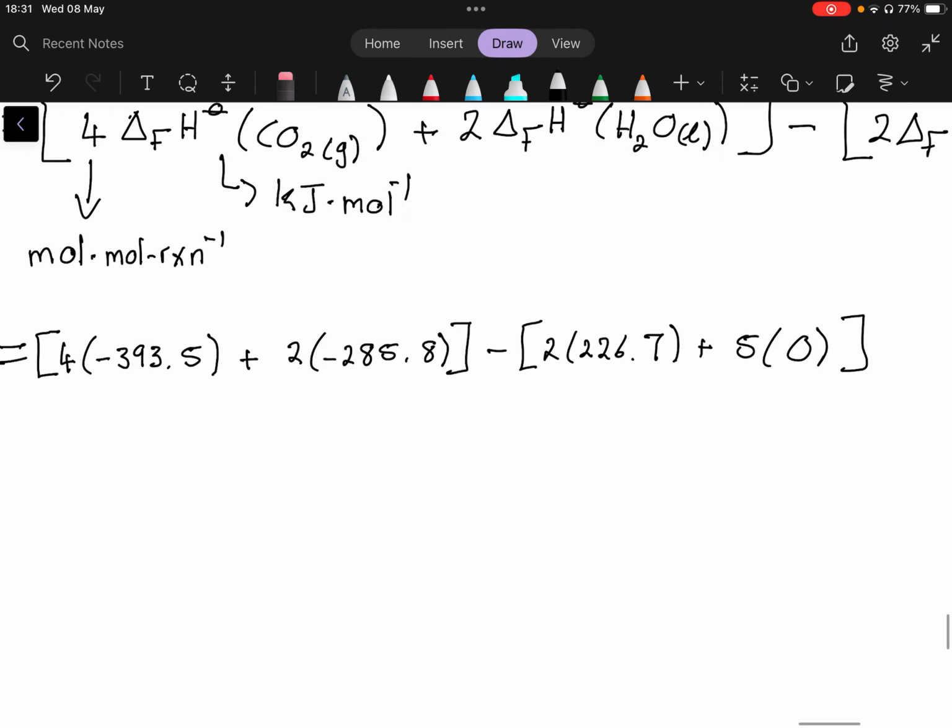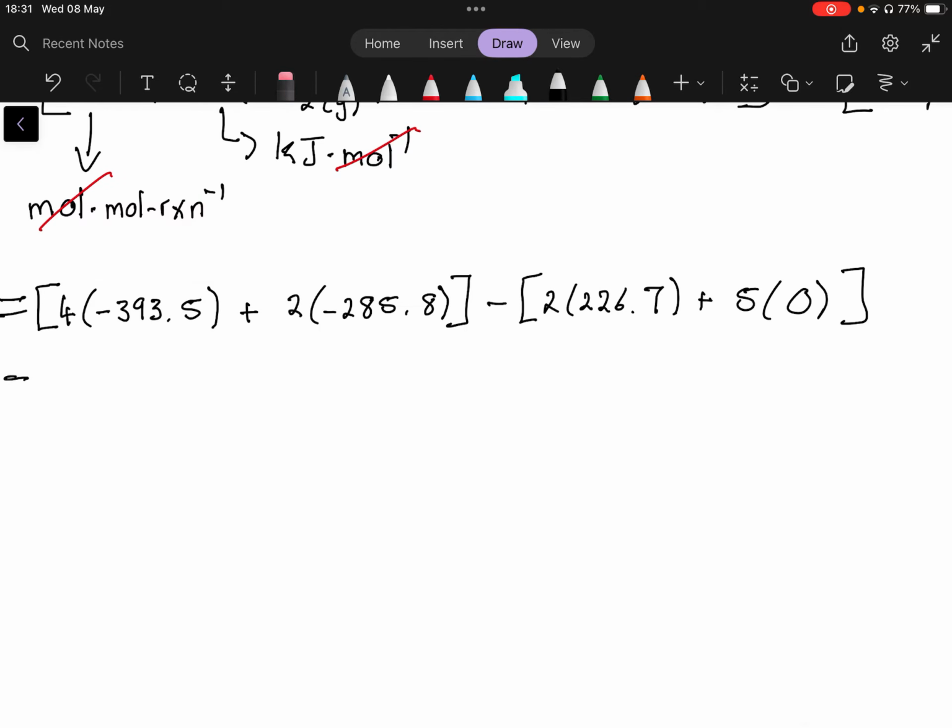For the other ones, there aren't. Okay, and then what are we left with here? So the mole is going to cancel with the mole here. So our enthalpy of reaction eventually is going to be equal to minus 2599 kilojoule per mole reaction.